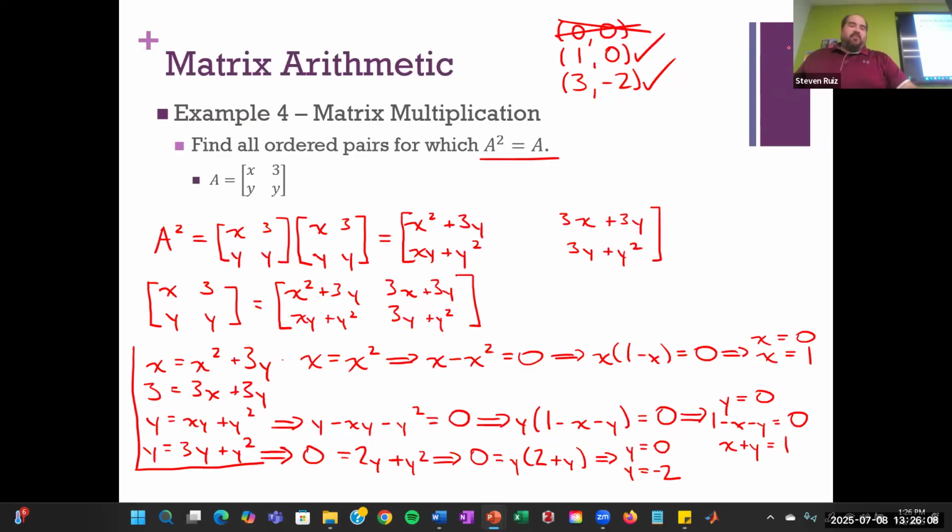Is there any possibility there could be others? I don't think there could be, because we got concrete x values from this top equation, right? Where did we get x equals x squared? Oh, so we got y equals 0 first.